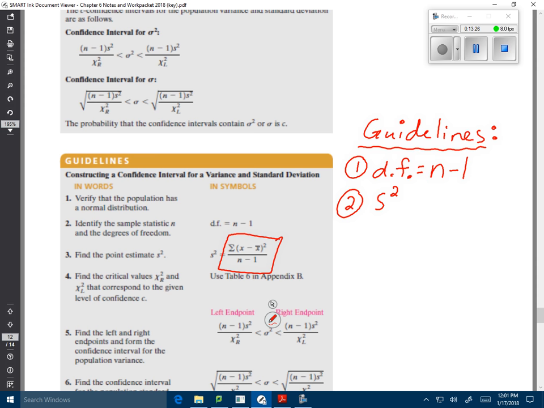Just like we did in 6.2, you put it in your calculator, one variable stat, and that gives you the sample standard deviation. Third, I'm just going to write down the values: chi-square L, which is the left tail, and chi-square R, which is the right tail.